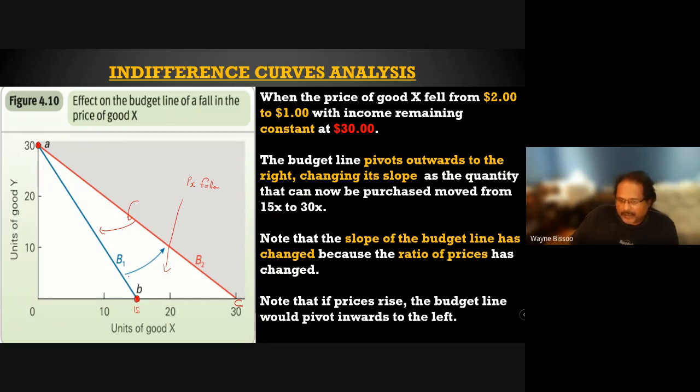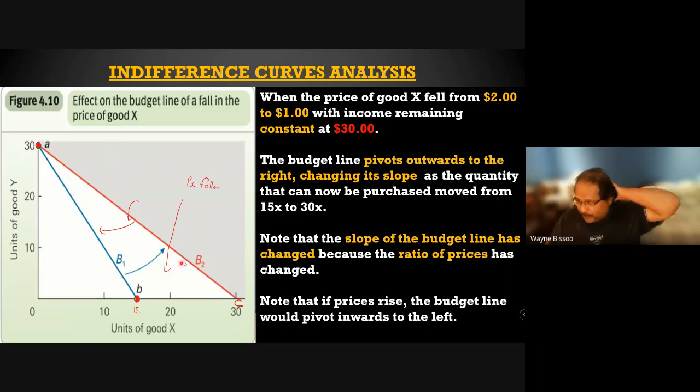All of this larger area is now available for us. So our budget area has increased. When prices fall, it increases the area that I can afford.